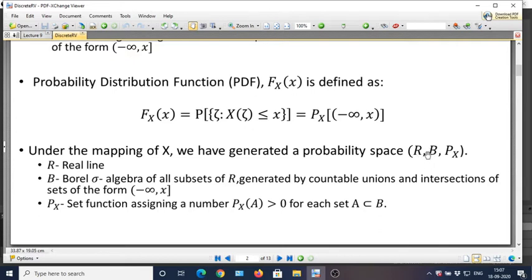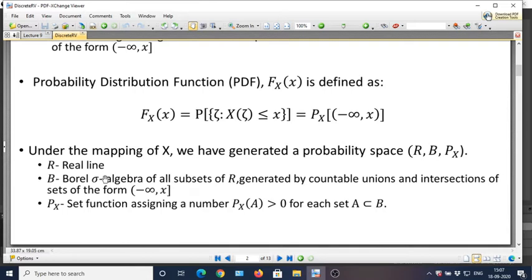So on this Borel field we have a measure being defined, and that is the probability measure of the random variable X. So henceforth we will work with this probability space, and we will only be talking in terms of the random variables and the probability triple R, B and P_X.